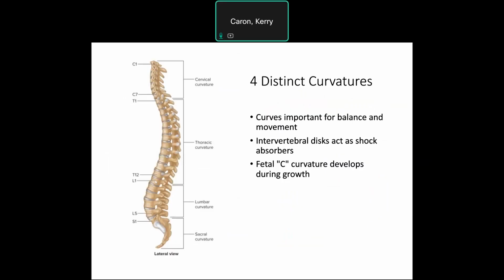And there are discs in between, intervertebral discs that are shock absorbers. So when we are in utero or shortly after, our spine looks much like a C. We don't have these distinct curvatures. And as development happens, we form these curvatures.